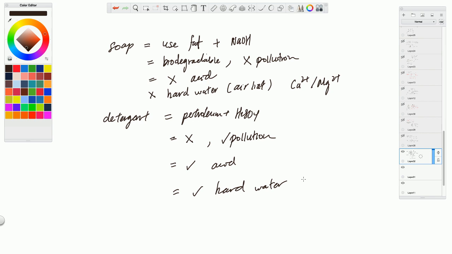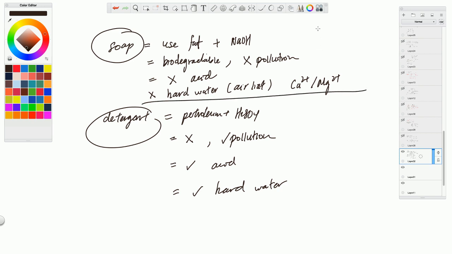So the question will ask you, which one is better? So you must answer. It's better for the environment is soap. Cleaner is detergent. Okay? So if they ask you why it doesn't work in hard water, you just have to say it is insoluble in hard water.